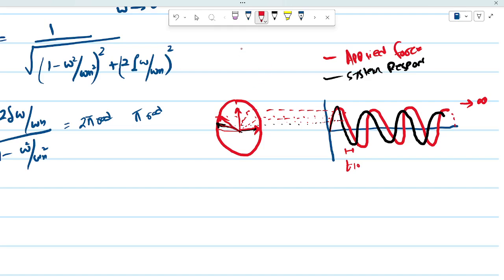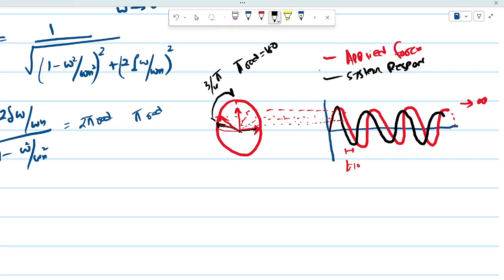So there is some lagging between the applied load and the system response, and we can quantify this angle. What is the angle between this and this? Maybe it's 3 by 4 of pi, because we know pi radians is equal to 180 degrees. So this makes up 3 by 4 of pi. This is how you quantify the lagging between the applied load and the system response, using the radian scale, because the degree scale won't go beyond 360, so we use radians for this.